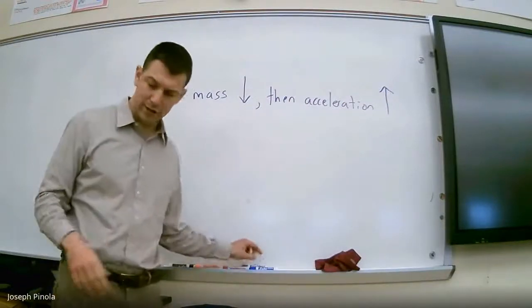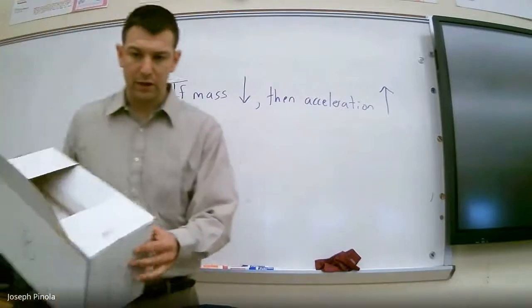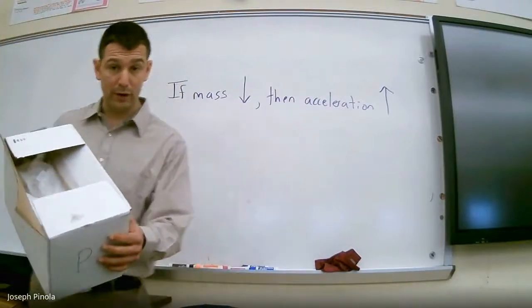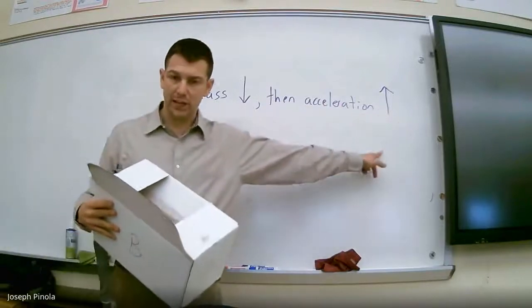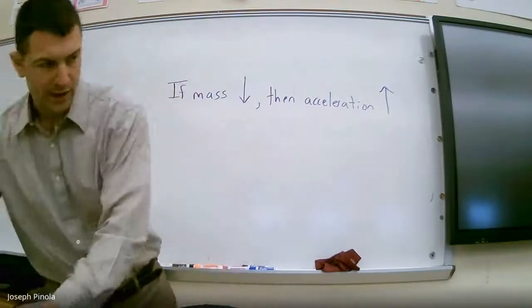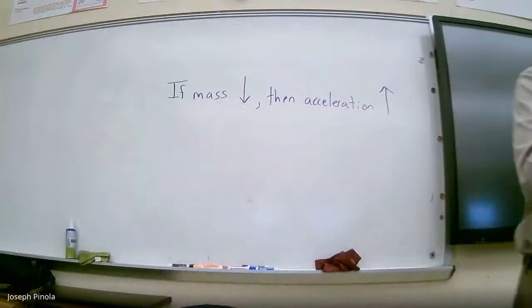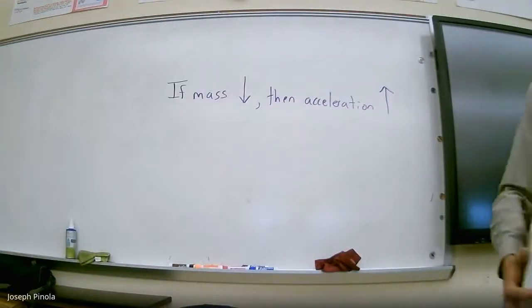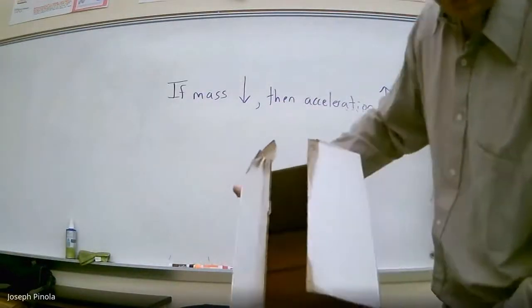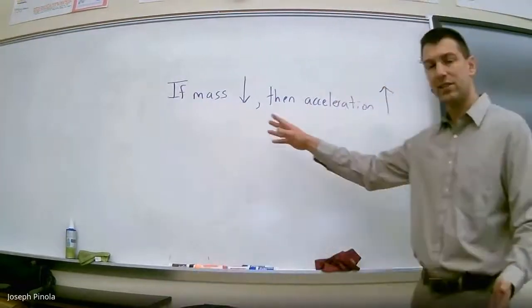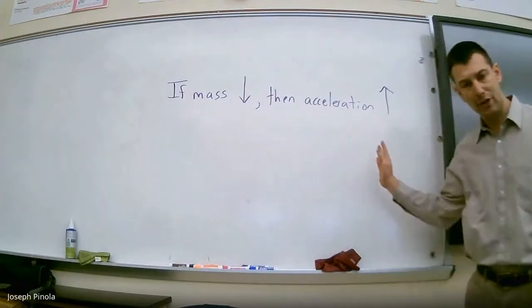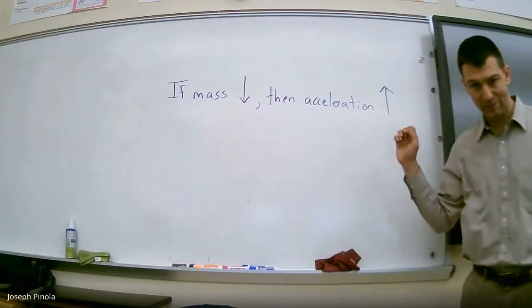So, an object such as box B, filled with tissues with very little mass, would have a very big acceleration. And box A, filled, as I showed you, with a bunch of bricks, has a very big mass, and therefore it would have a very low acceleration.